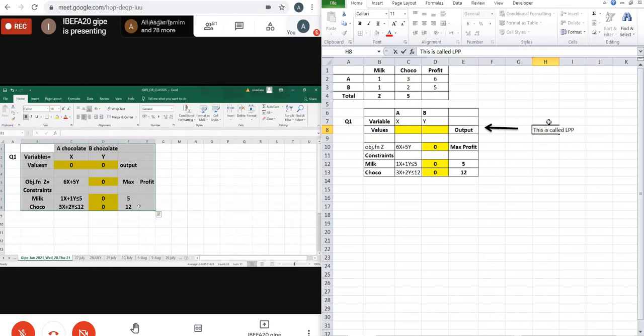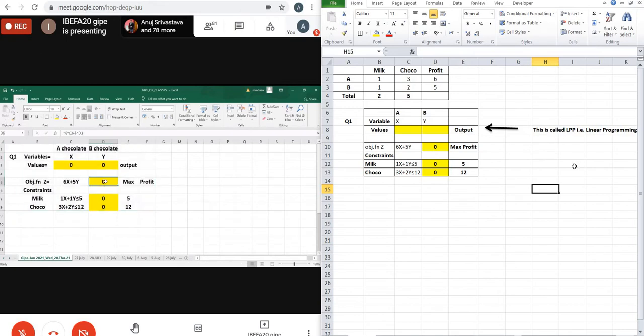So be careful about the cell location C3 D3. C3 D3 is the variable location. You have to find out so that profit is maximum, subject to milk condition, choco condition.